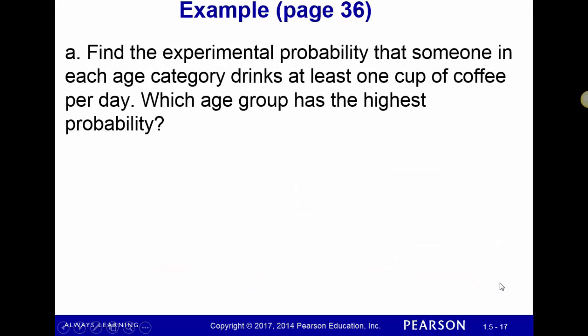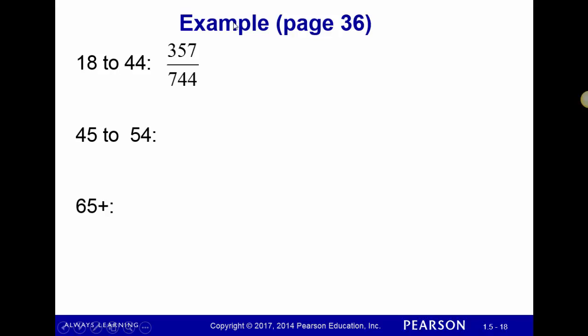So now we can find experimental probabilities from that table. Find the experimental probability that someone in each age category drinks at least 1 cup per day. Which age group had the highest probability? If you go back and look at the table, in the 18 to 44-year-old group, there were 744 respondents, and 357 said they drink at least 1 cup per day, which is about 48%.